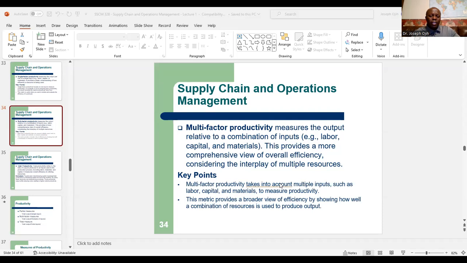Following this approach provides us with a more comprehensive view of the overall efficiency of the organization, also considering the interplay of multiple resources.